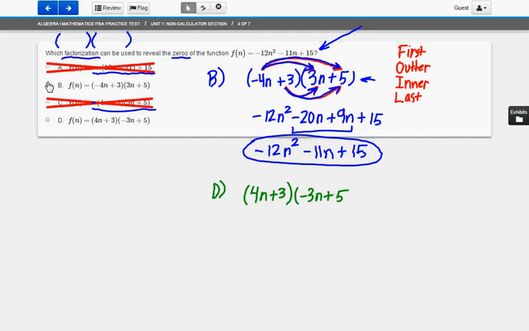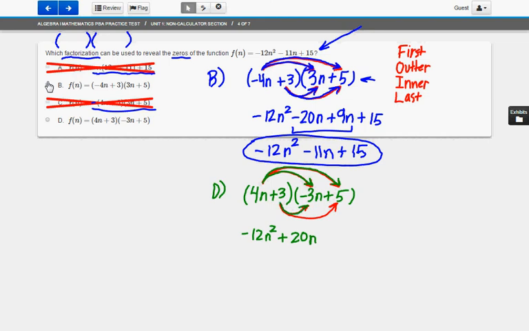Again, with FOIL, first, multiply the two first terms, multiply the outer terms, multiply the inner terms, and then the last. So 4n times negative 3n is negative 12n squared. And then 4n times a positive 5 is a positive 20n.